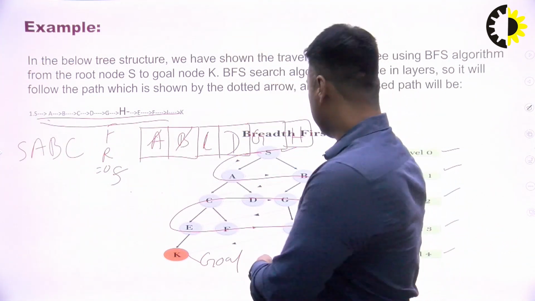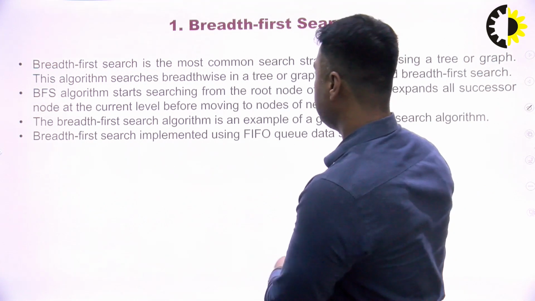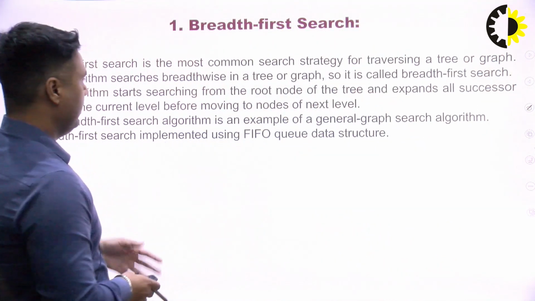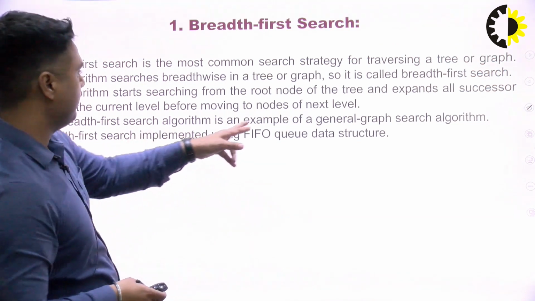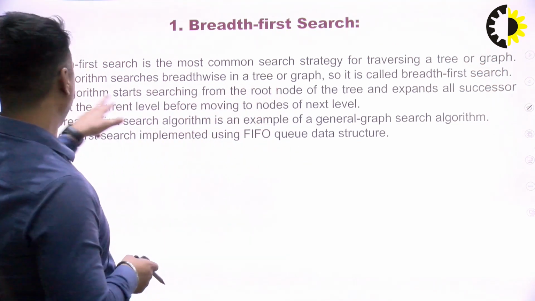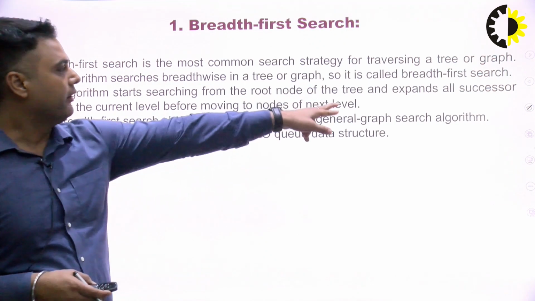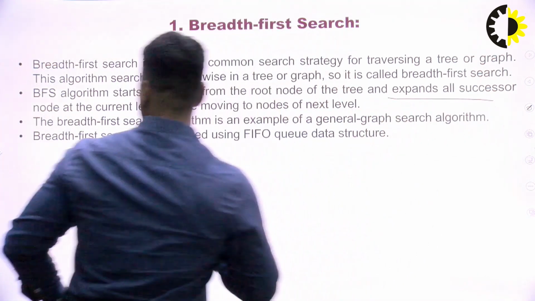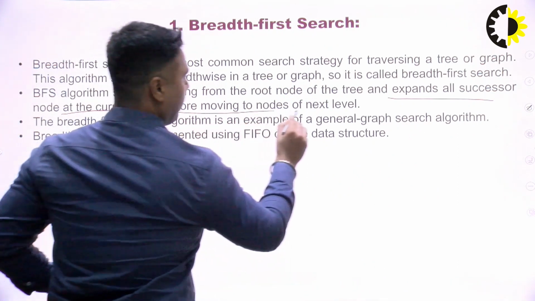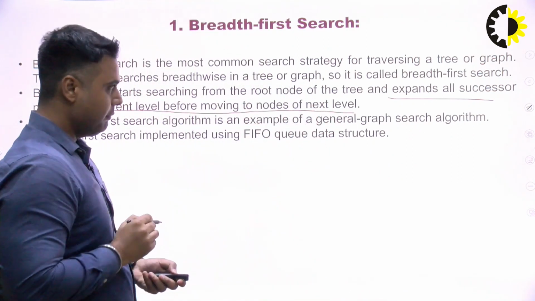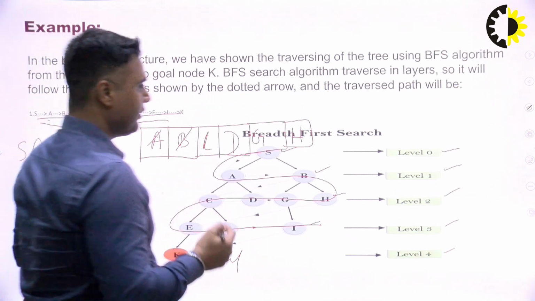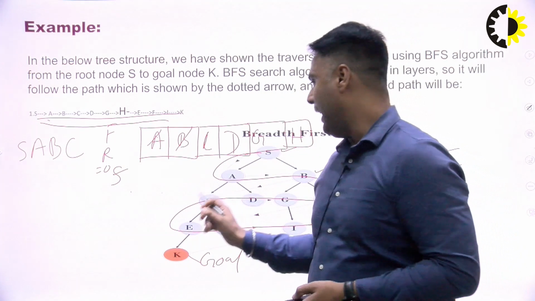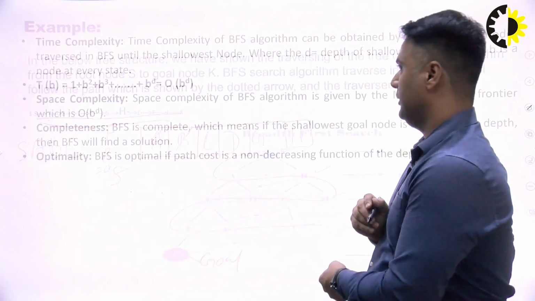So in the previous slide, it was already mentioned that the breadth first search, BFS algorithm, starts searching from the root node of the tree and expands all successor nodes at the current level before moving to the next level. That means it traverses almost every node and then the searching is completed.